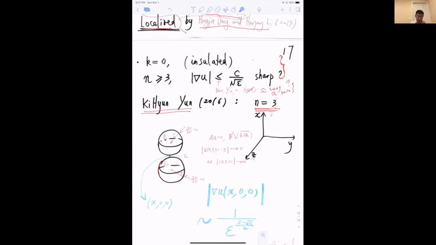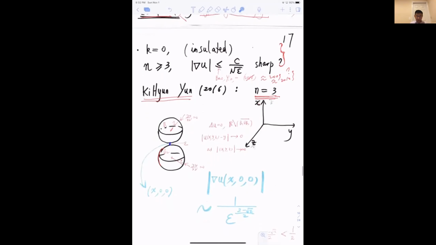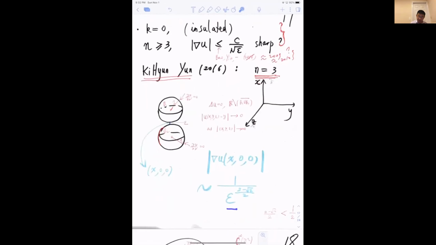You look at that, and then Yun focused on this line. He showed that on this line, x0, the gradient size is exactly this rate. So it's less than or equal to this rate and greater than or equal to this rate.